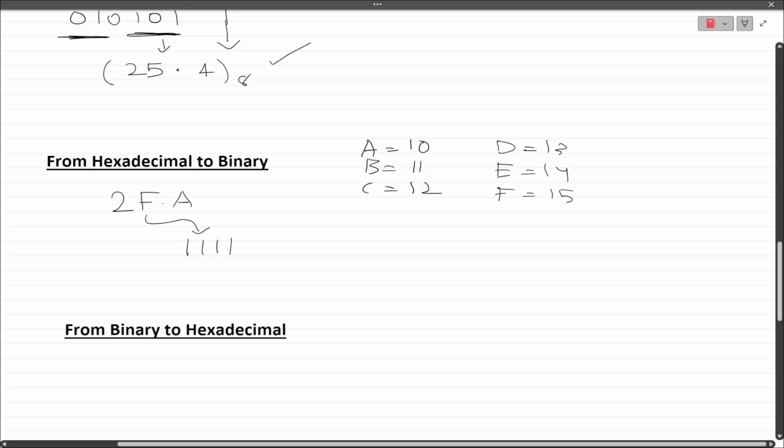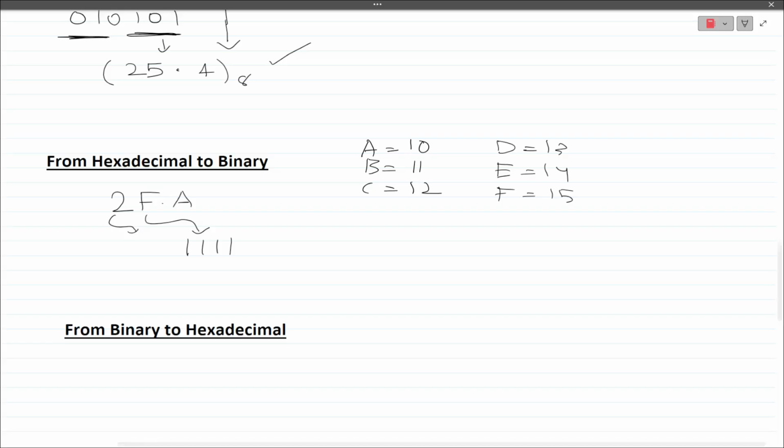Yes. Now I need to do the same thing for my 2. 2 is 10, right? So 0010. Because every time, as I've said in the previous class, you need to use them in 4-digit form. That's why here, even though the result of my 2 in binary is 10, I have used 0010.